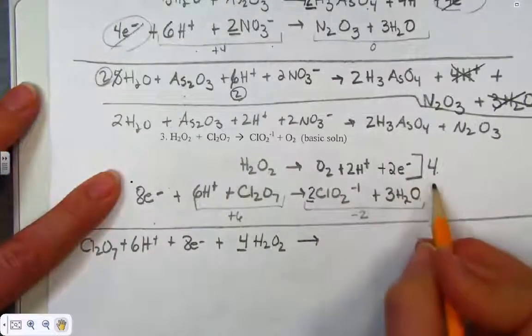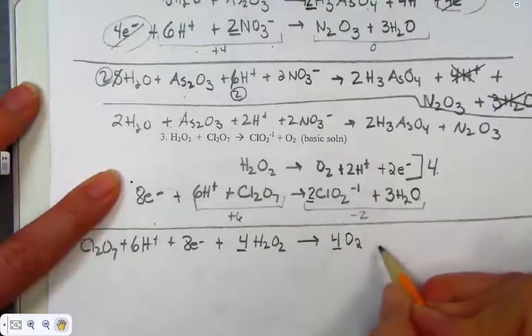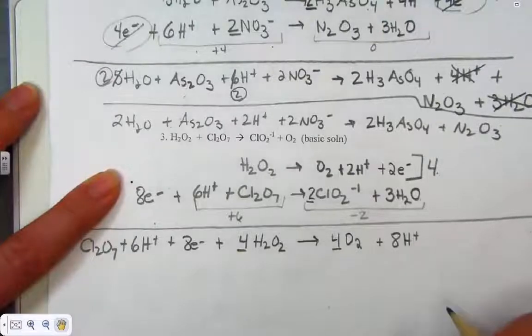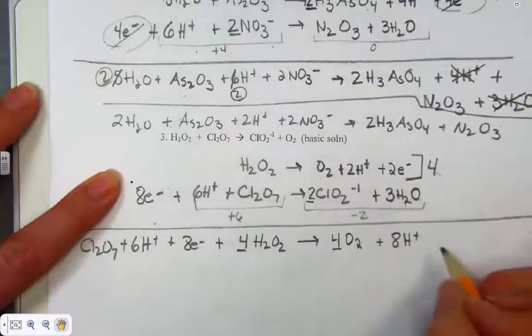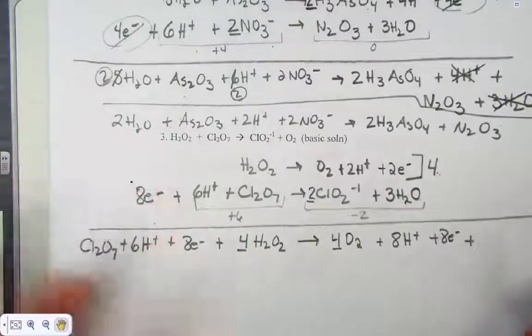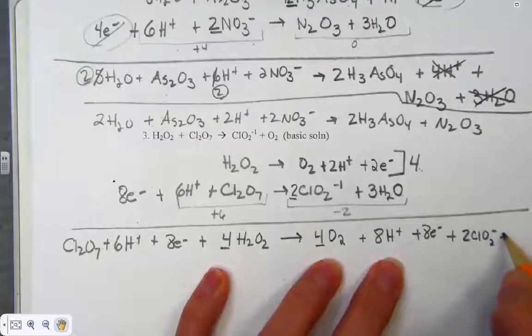Onto the product side. 4 times 1, we have 4 molecular oxygens. 4 times 2 is 8 protons. 4 times 2 is 8 electrons. Down below, 2 chlorite polyatomic ions and 3 waters.